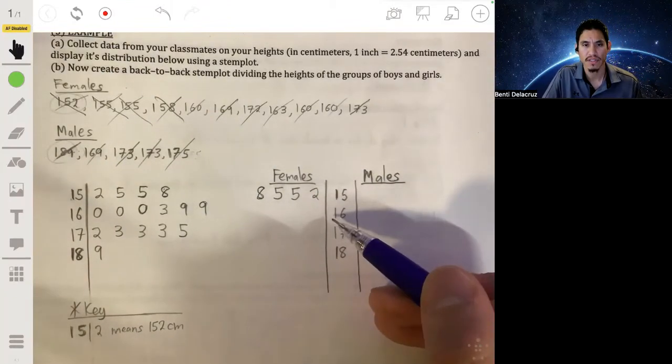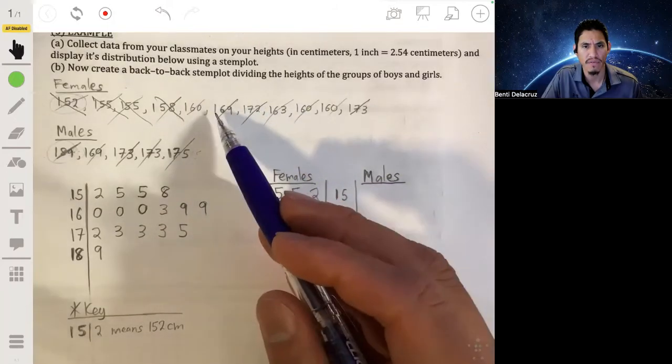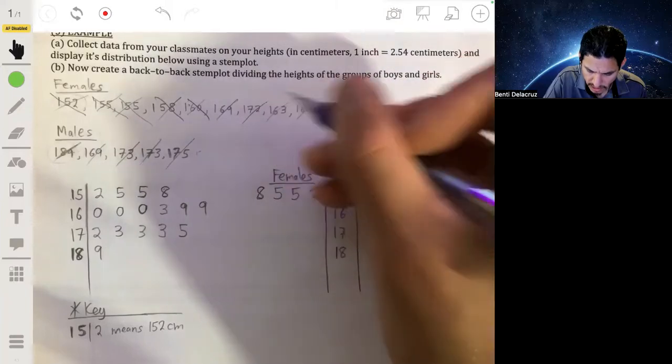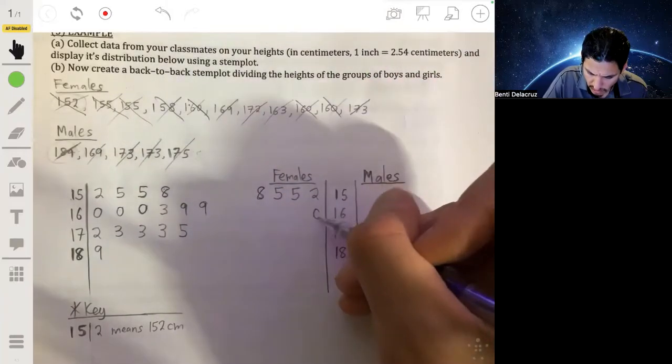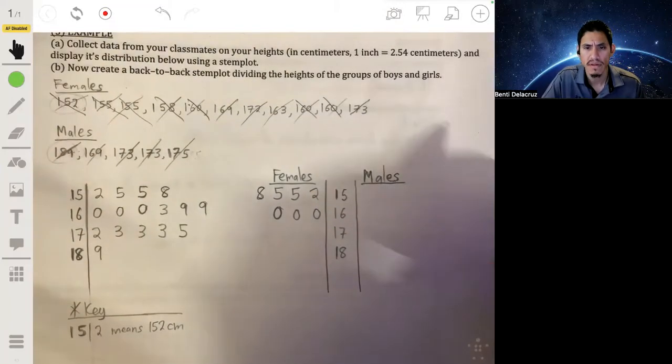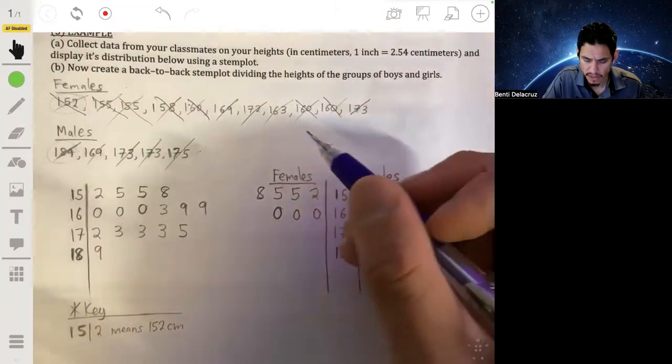Now I look at the 160s for the females. I have 3 160s. I'm going to put 3 zeros. 1, 2, 3. And I have a 163.